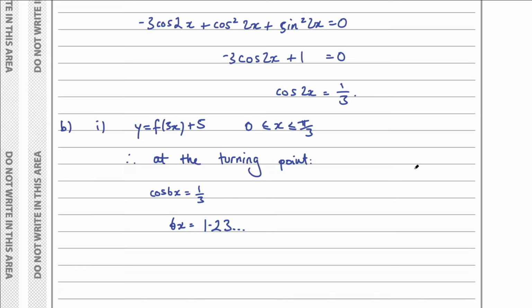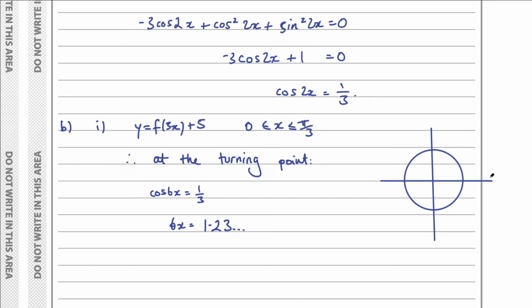One way to help us picture this is to draw a unit circle. The cosine of a third will actually have two solutions, because the cosine function is positive in two quadrants of the unit circle: the first quadrant and the fourth quadrant.